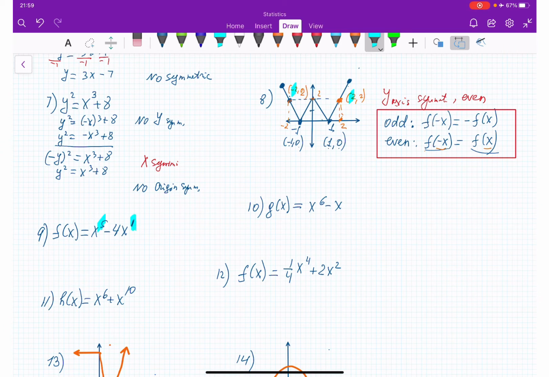When all degrees of all x's in the equation are odd, that means this function is odd. And when it's odd, what did I say? Remember a while ago, when the function is odd, it's always symmetric to the origin.